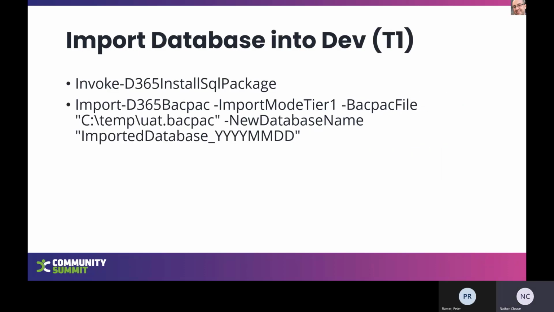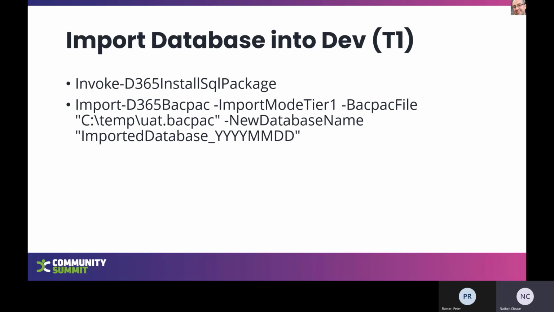Additionally, you can import a database into a tier 1 that came from a tier 2. The first command is, you will need to install some additional software related to SQL just to help convert from a bacpac to a .bak.